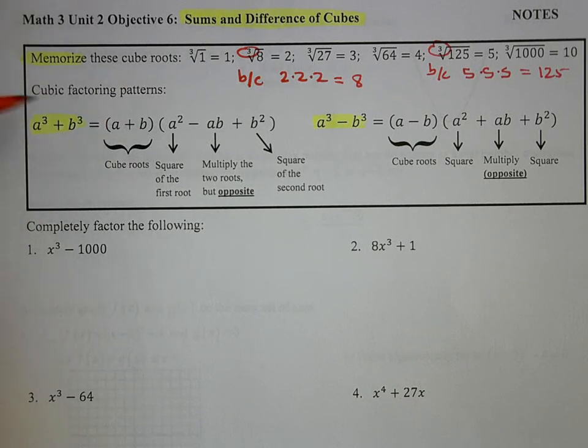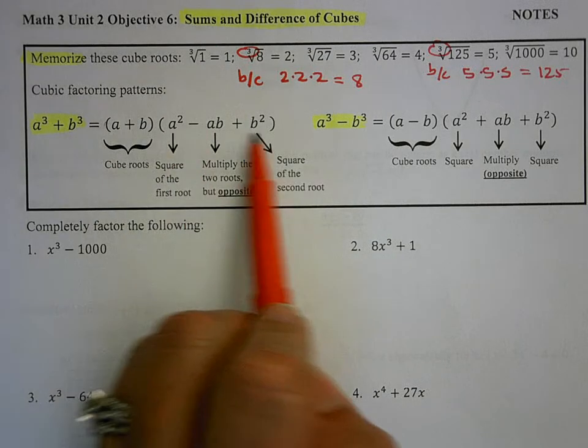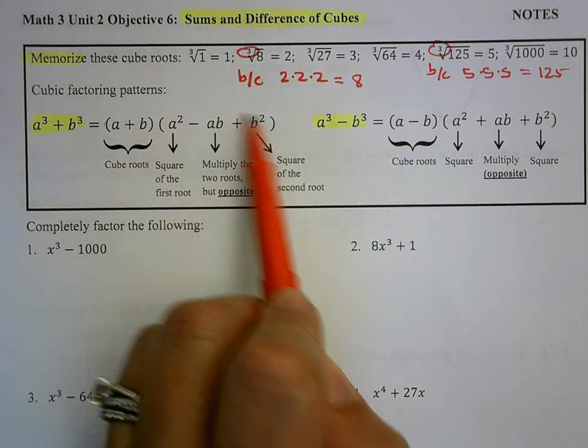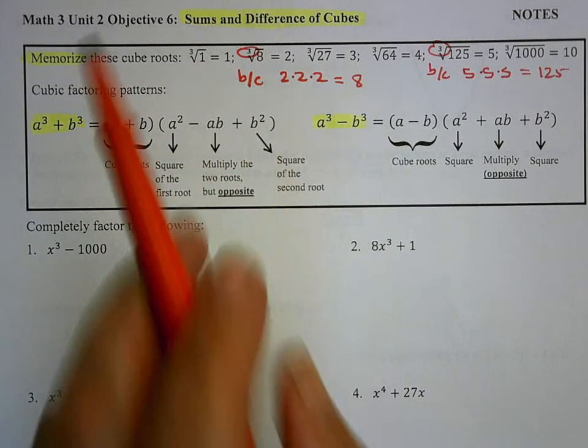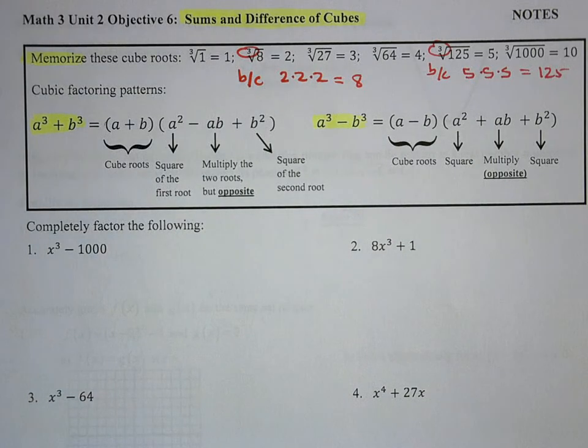Whatever that number is, once I cube root it, that is what goes here. That gives me my binomial, meaning my two terms. So my binomial is the cube roots, and then the trinomial, so it's always going to be 2 terms and then 3 terms. Got to remember that, bi and tri.